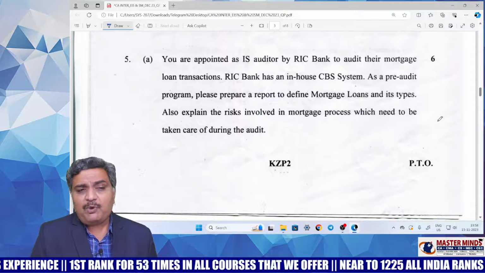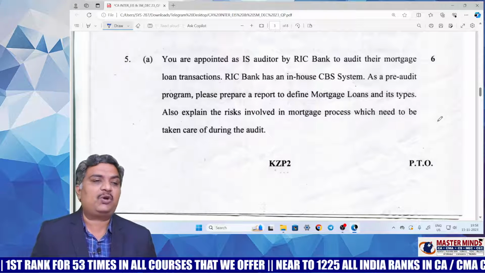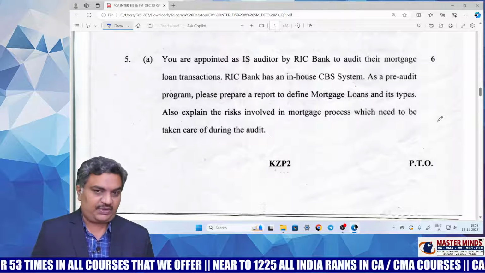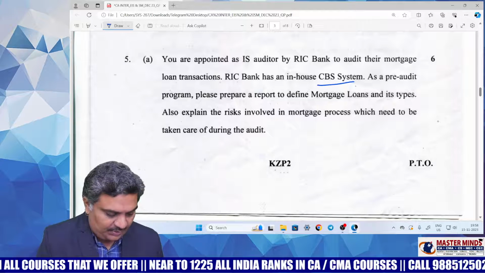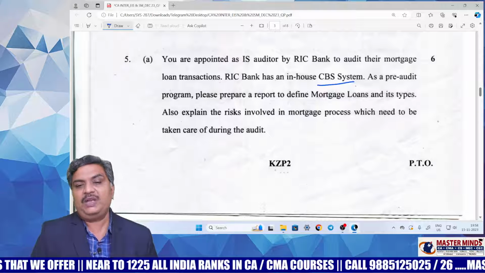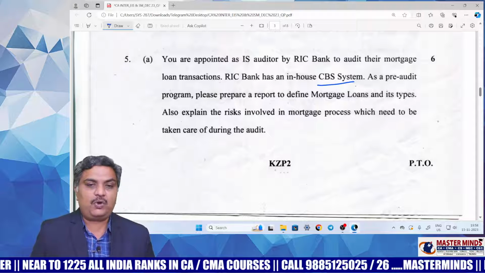Now, you are appointed as IS auditor by RIC Bank to audit their mortgage loan transactions. RIC Bank has an in-house CBS system. So whenever they say it is a CBS system, you should definitely understand this is from the core banking system. As a pre-audit program, please prepare a report to define mortgage loans and its types.